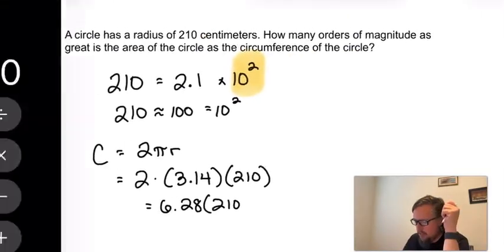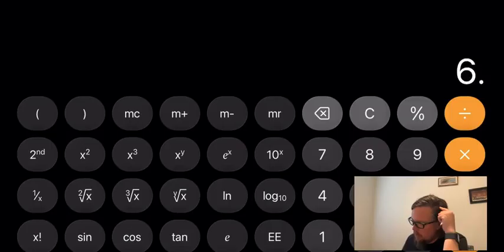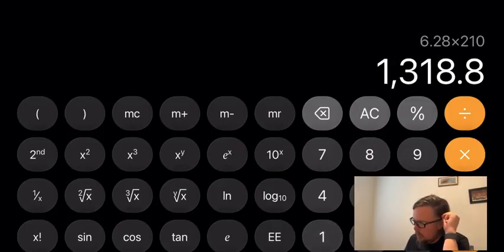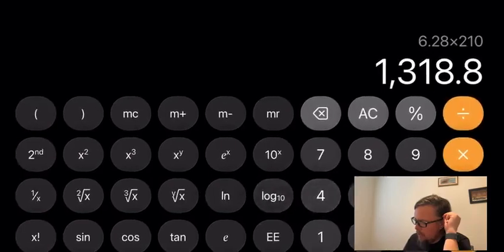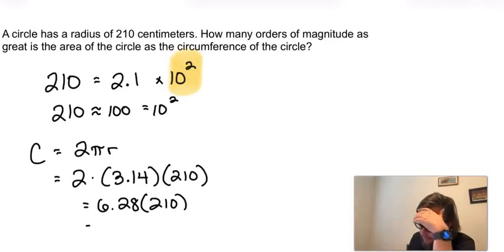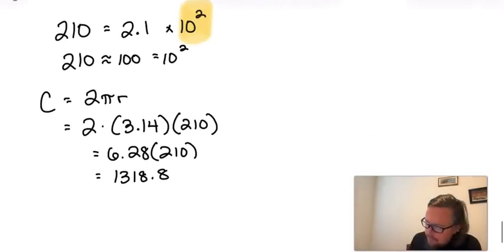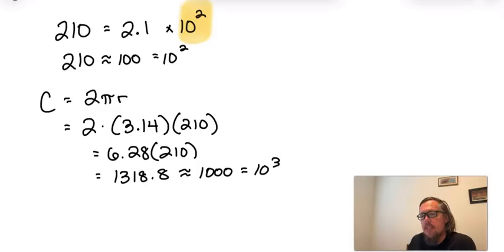Don't know what that is, so let's do 6.28 times 210, 1,318.8. This is closest to 1,000, which is 10 to the 3rd power. So the order of magnitude is 10 to the 3rd.